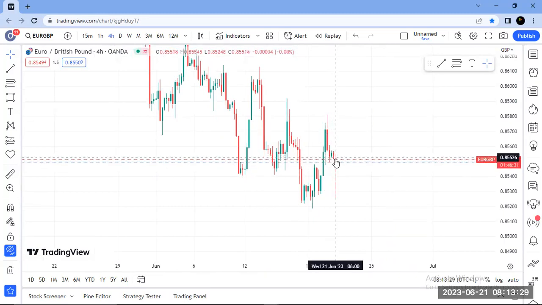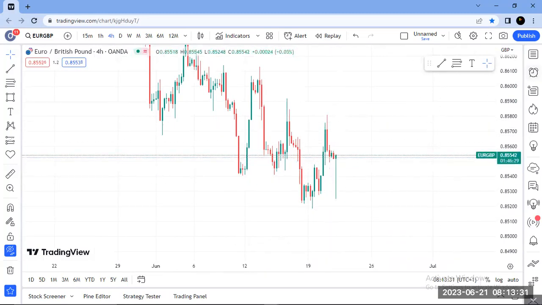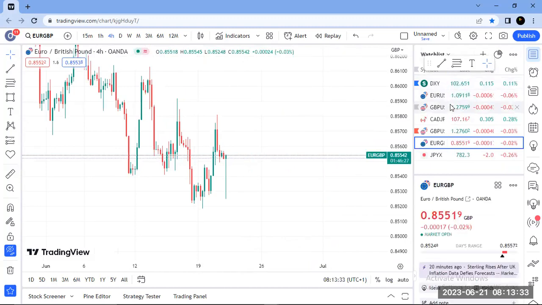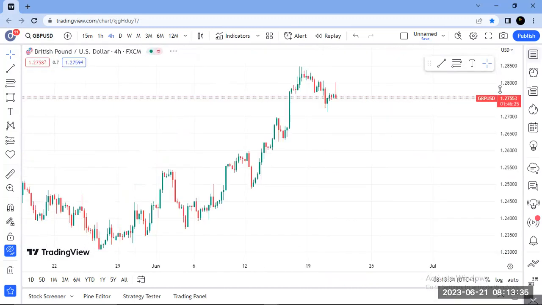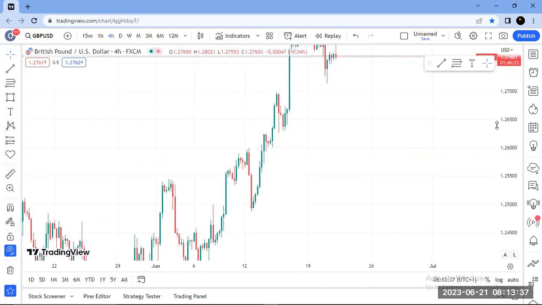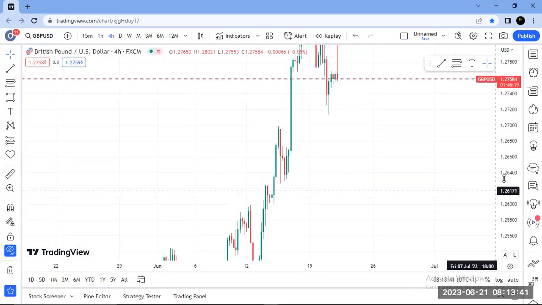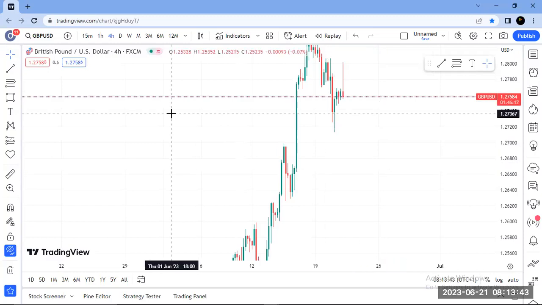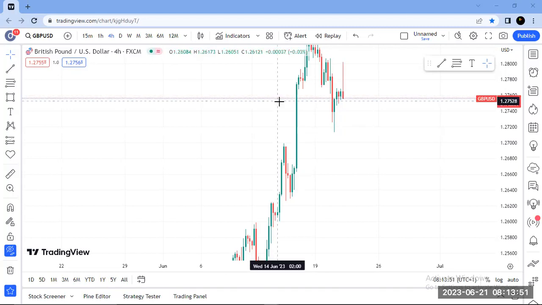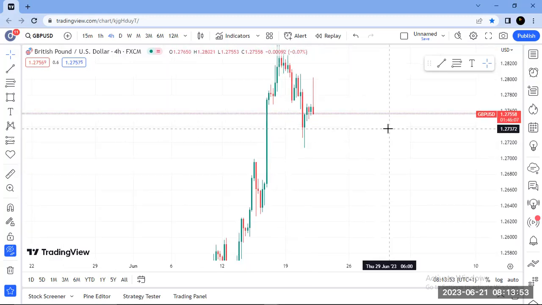As at this time that this was weak, the GBP USD was experiencing that level of accumulation, which is a manipulation technique by the market makers.